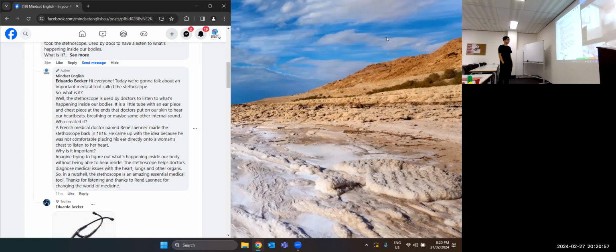It is a little tube with a chest piece at the end that doctors put on our skin to hear heartbeats, or maybe some other internal sound.